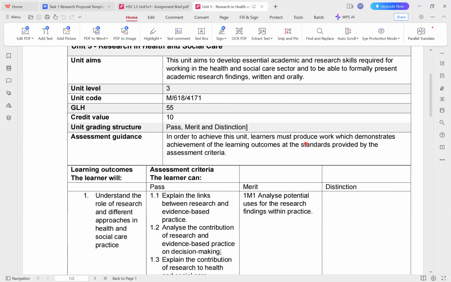The second learning outcome was to know how to identify and justify a topic for research within service.